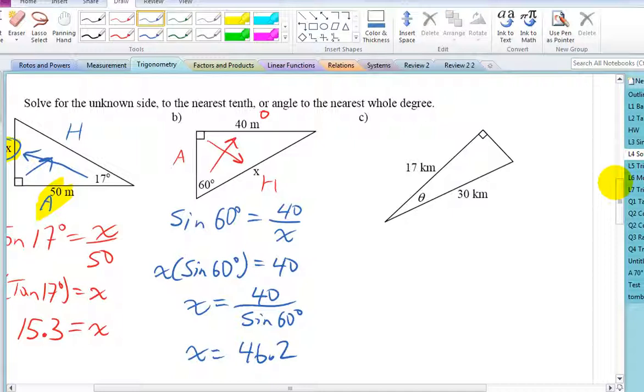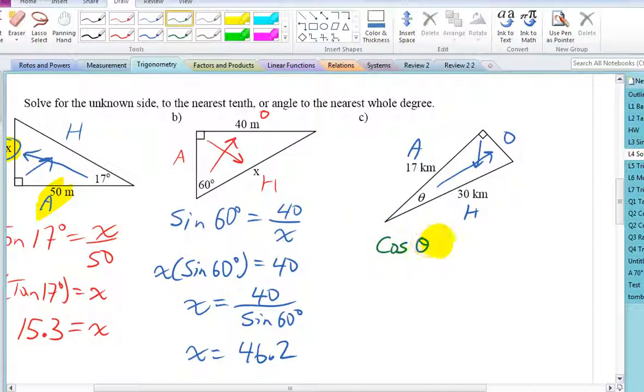Okay, label your HOA. Choose a trig ratio. Gabriella, what ratio did you choose? Perfect.